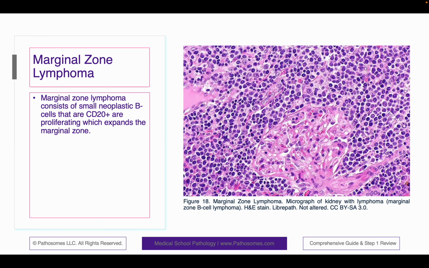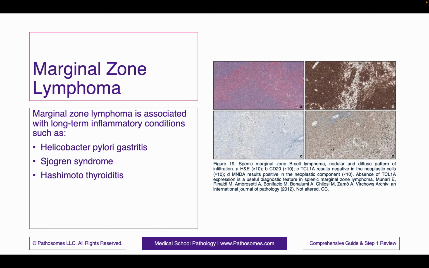With regards to marginal zone lymphoma, it usually consists of small neoplastic B cells that are CD20 positive, that are proliferating, which expands the marginal zone. Marginal zone lymphoma is associated with long-term inflammatory conditions such as Helicobacter pylori gastritis. Oh, that makes sense.